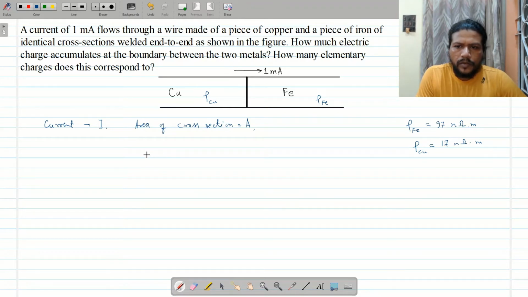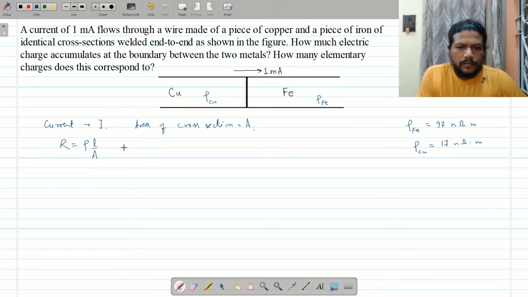Now the point is what? If I consider the resistance for a cylindrical wire, the resistance is known to be the resistivity times L upon A, A being the area.